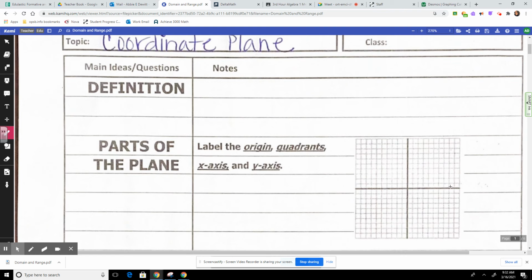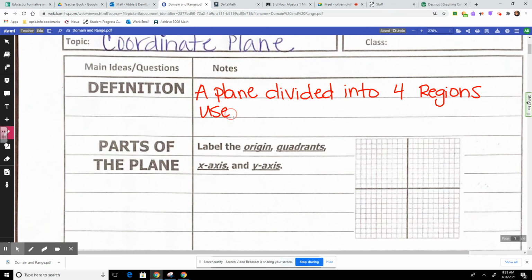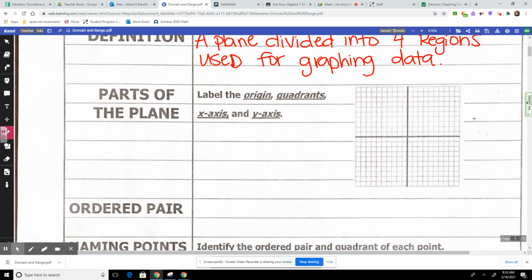So the formal definition of a coordinate plane is a plane divided into four regions, and those four regions are also known as quadrants, used for graphing data. Okay, typically in class you'll be writing this, but I'm writing it for you and you're just paying attention and going along with it. I will screenshot this and post it in notes as well.